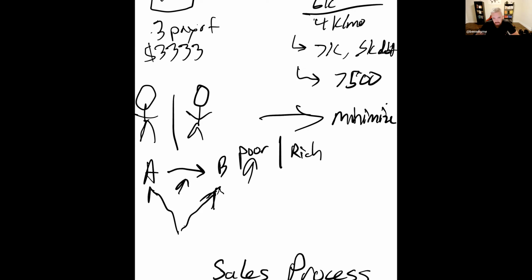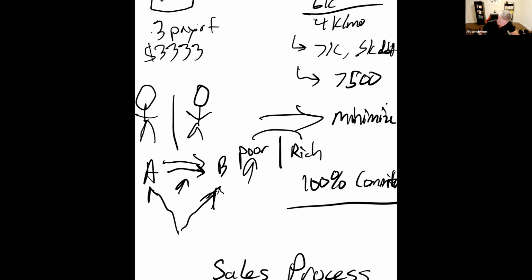Well, I should do this, but I always think about it. Okay, listen, bro. Is it fair to say that you're just looking for a bit of certainty here? And they go, yeah. Okay, well, I get it. But here's the thing. The real question is, are you 100% committed to doing everything it takes to get from point A to point B, to go from poor to rich?